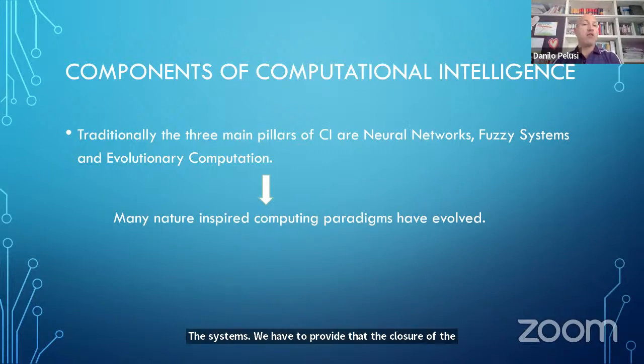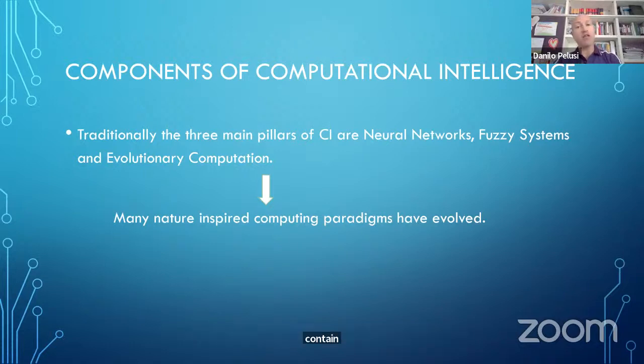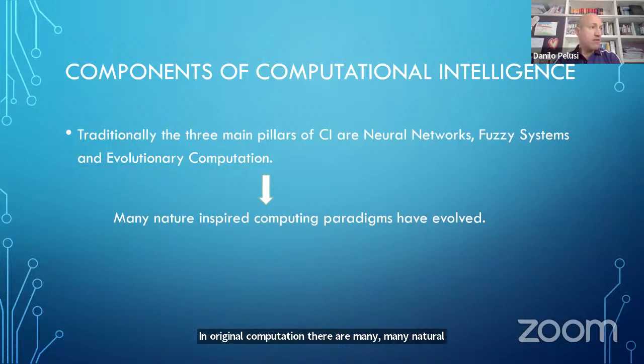And evolutionary computation contains several nature-inspired algorithms. In other terms, in evolutionary computation, there are many nature-inspired computing paradigms. And in the last years, there have been several different approaches to nature-inspired algorithms.